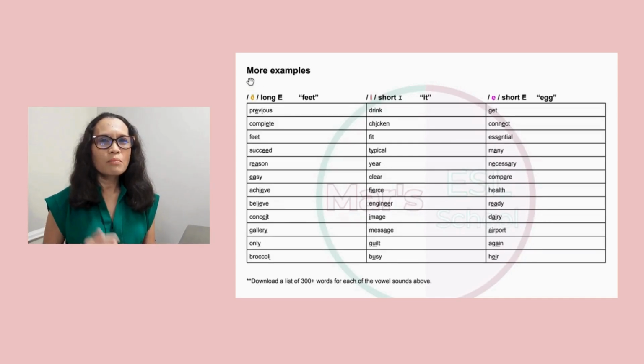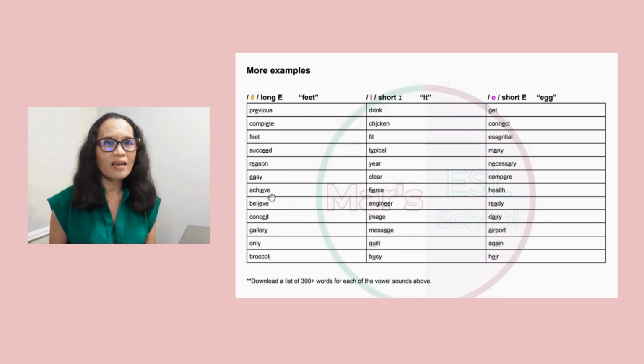Let's look at more examples for the long E sound. E, feet. We have previous, complete, feet, succeed, recent, easy, achieve, believe, conceit, gallery, only, and broccoli.